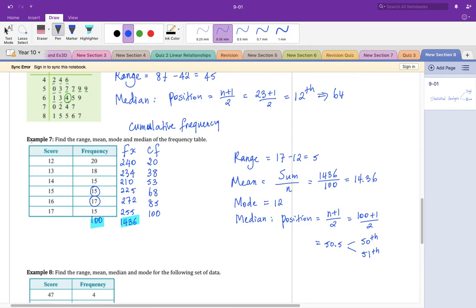So the 50th number, we see that at 13, there's 38 numbers. So up to 13, there's going to be 38 numbers, and it's finished.